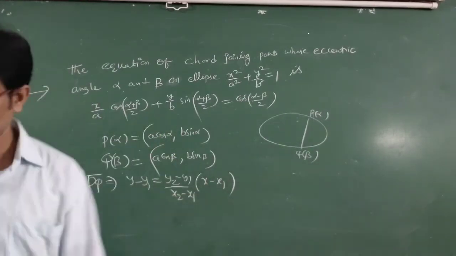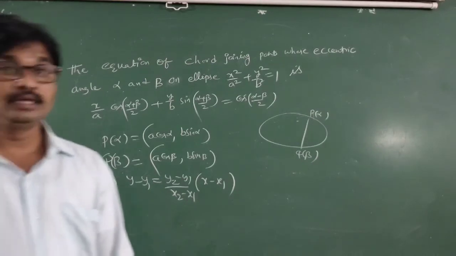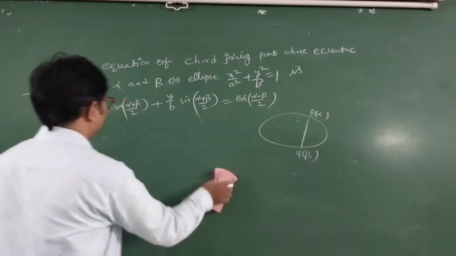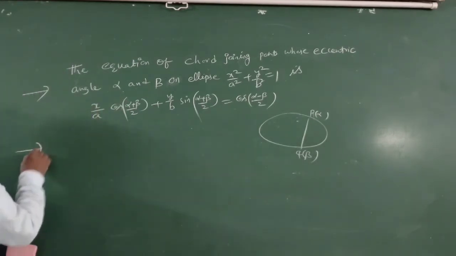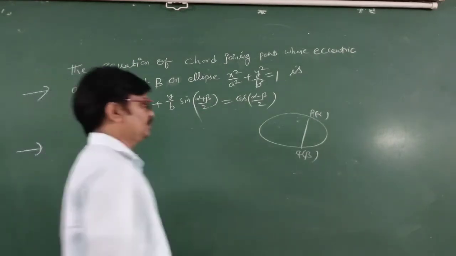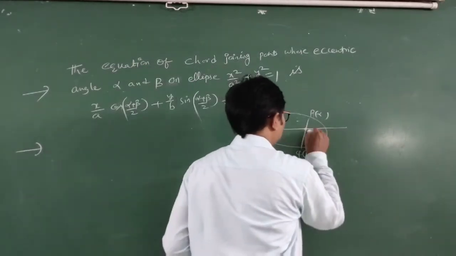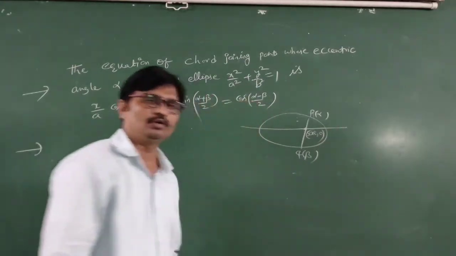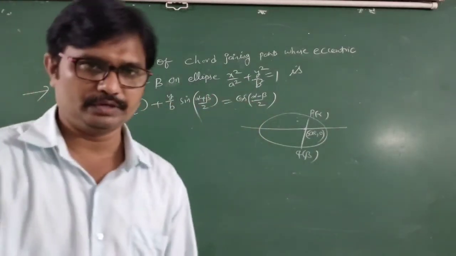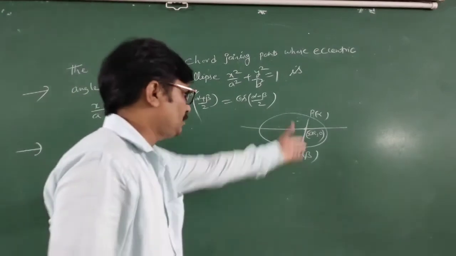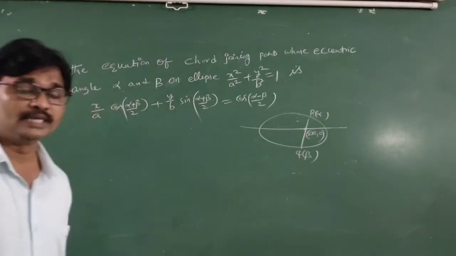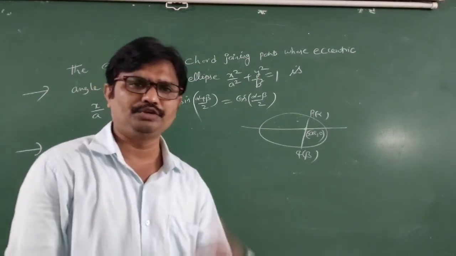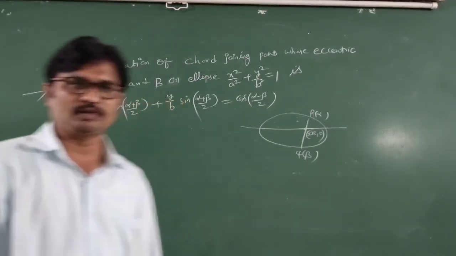Okay, right now students, another very important point. Suppose this chord is passing through the focus, either ae comma 0 or minus ae comma 0. Suppose it is passing through ae comma 0, then tan alpha by 2 into tan beta by 2 equal to e minus 1 by e plus 1.